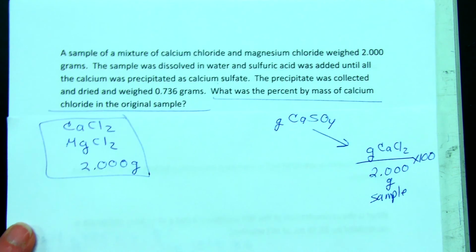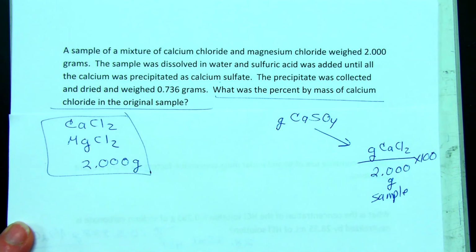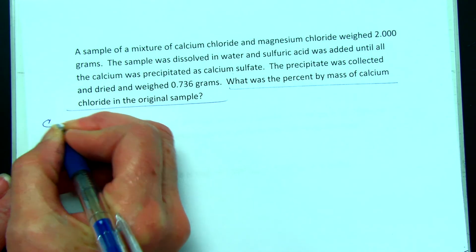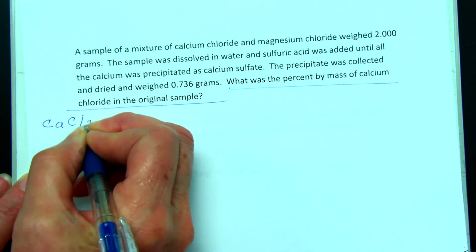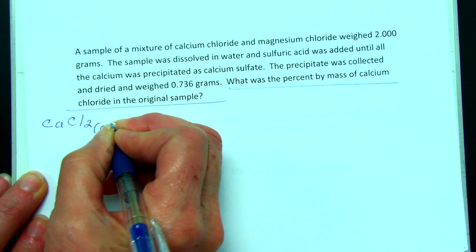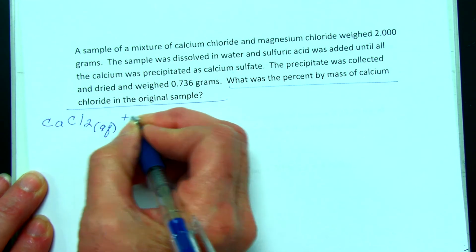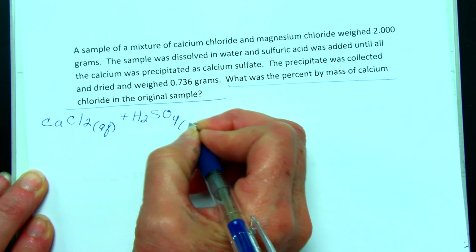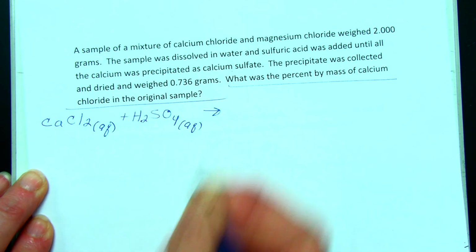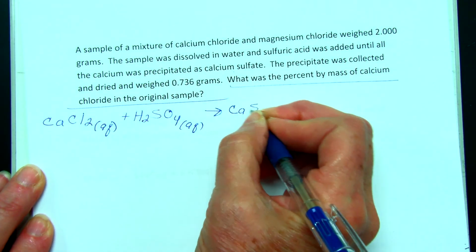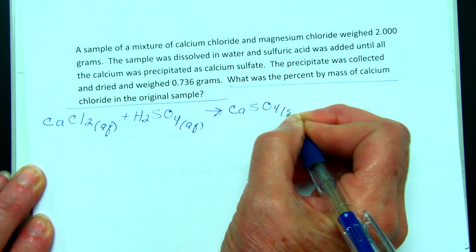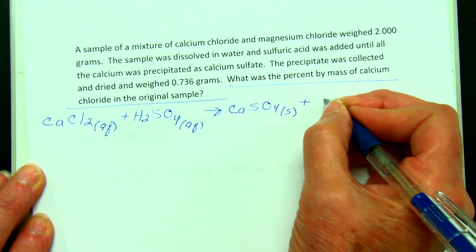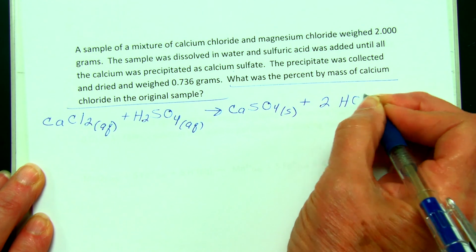So let's start with our balanced equation. Calcium chloride aqueous. It's aqueous because it was dissolved in water. Plus sulfuric acid aqueous gives me calcium sulfate solid plus 2HCl aqueous.